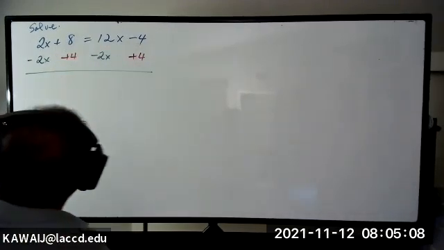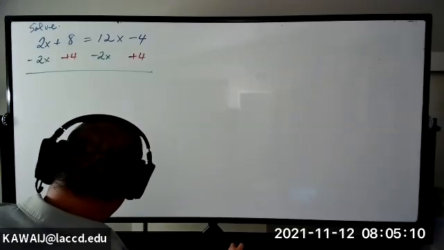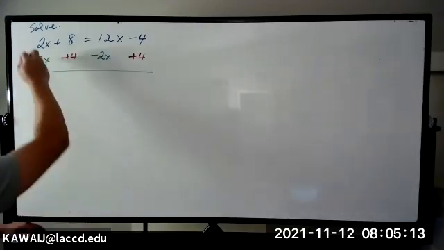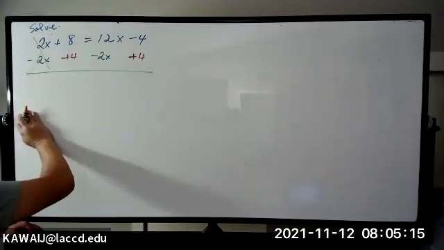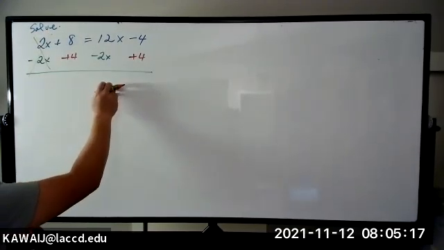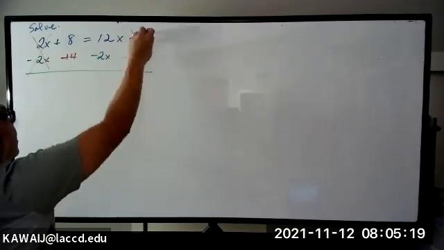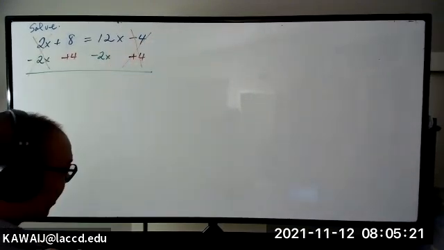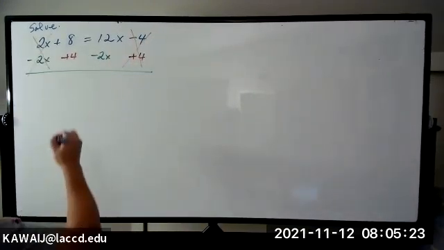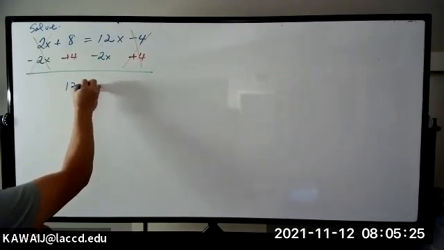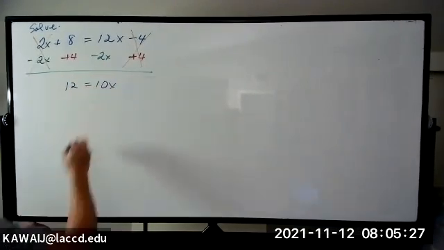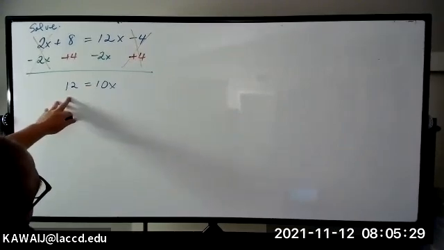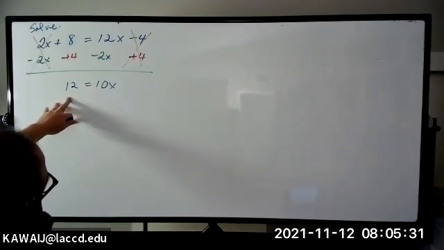Okay. Now, the key thing is this, if you get rid of x's on one side, you have to get rid of numbers on the other side. That way you end up with x's on one side and then numbers isolated on the other side.